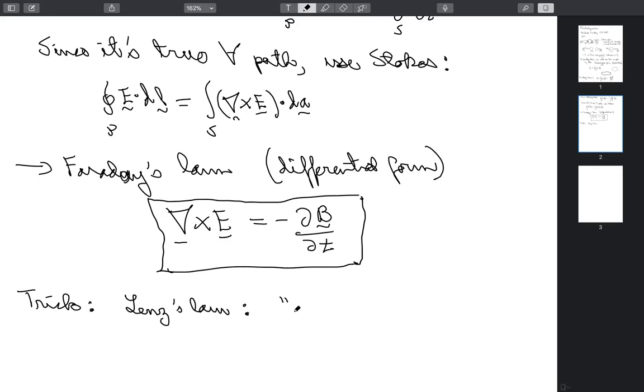So in Griffiths, the way he writes it is that nature abhors a change of flux.